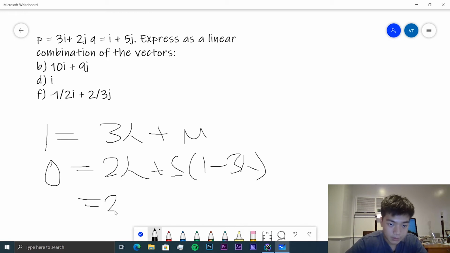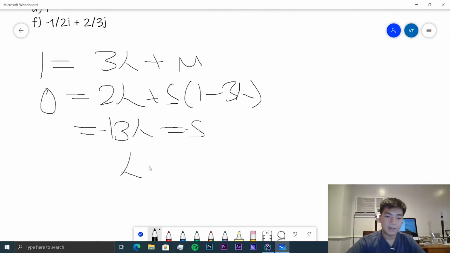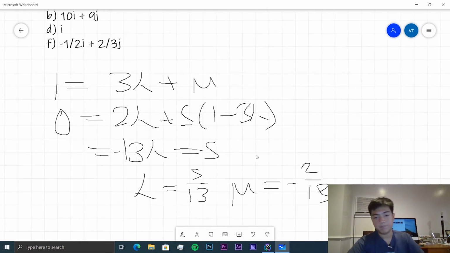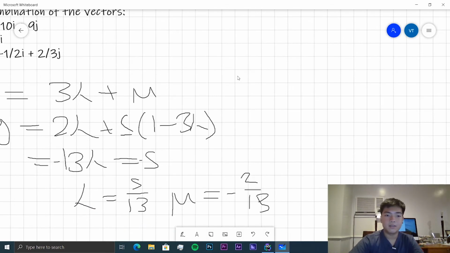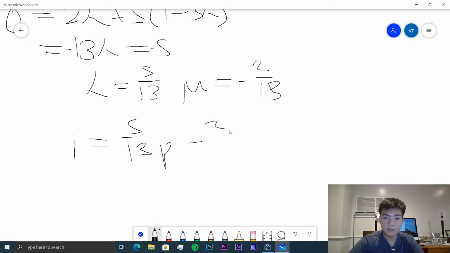So this is equal to 2 lambda plus 5 minus 15 lambda, so negative 13 lambda is equal to negative 5. So lambda is equal to 5 over 13, mu being then negative 2 over 13, since we can simply substitute lambda back into there. So i is equal to 5 over 13 p minus 2 over 13 q.